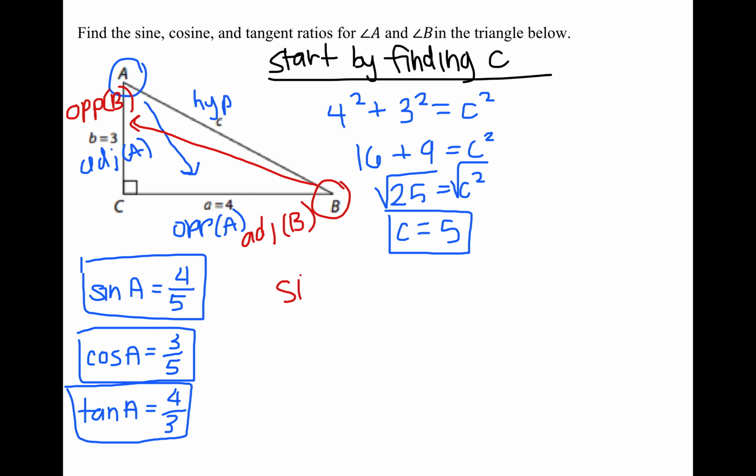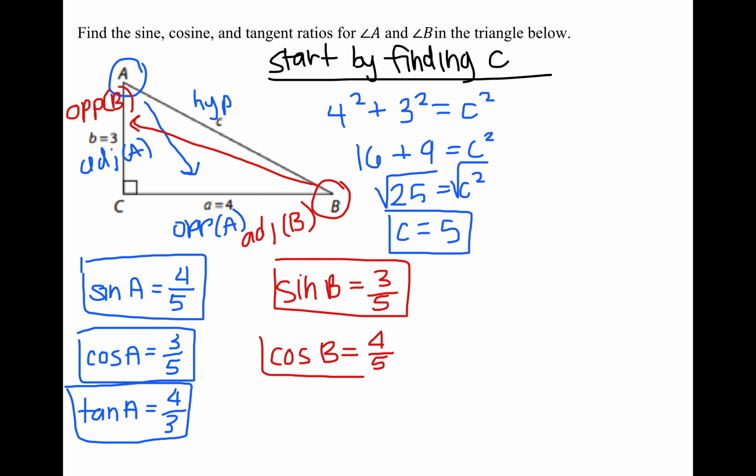So sine of B is opposite over hypotenuse. Cosine of B is adjacent over hypotenuse. Tangent of B is opposite over adjacent.